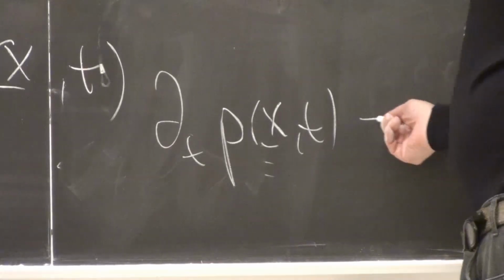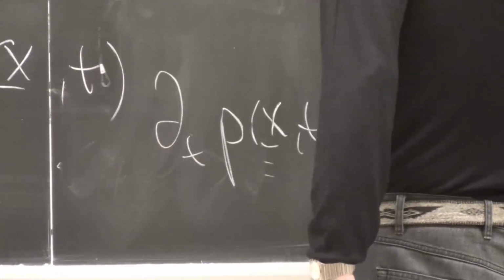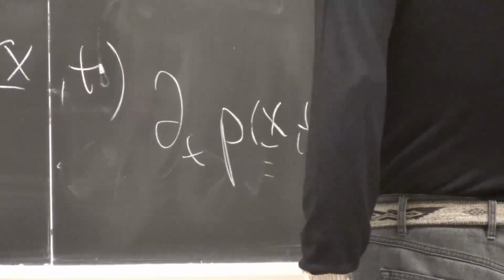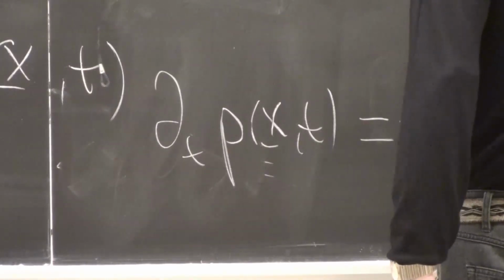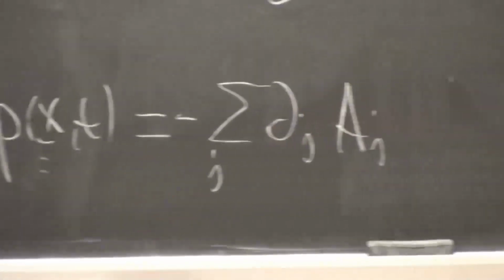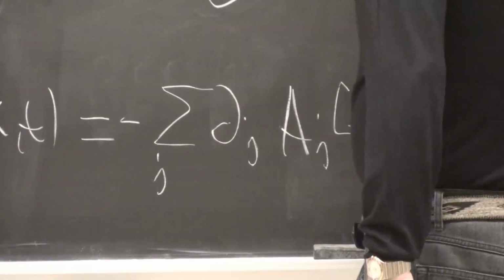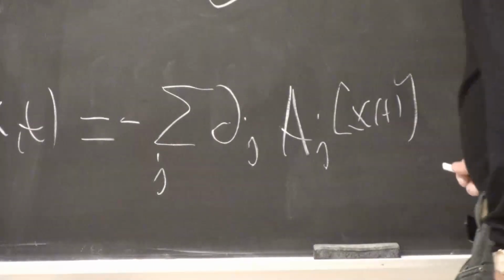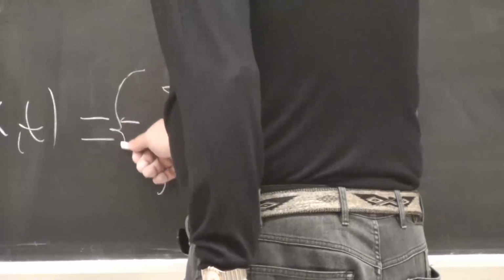Now the equation reads as follows. It is minus the sum over j of d_j of a_j, where a is a vector, so this is the jth component of the vector a of x and t.